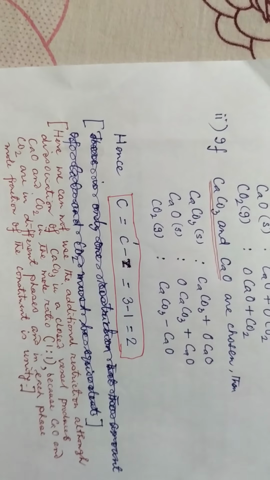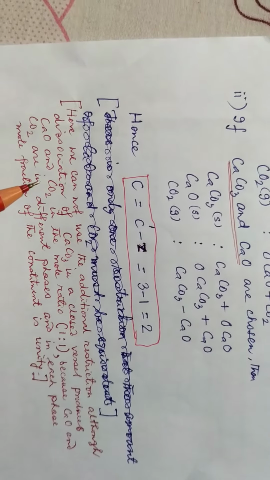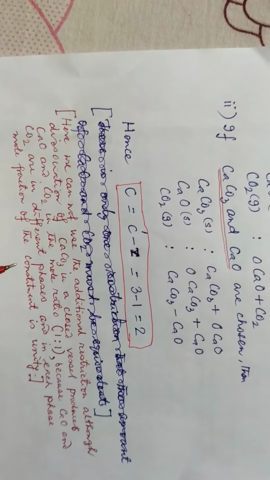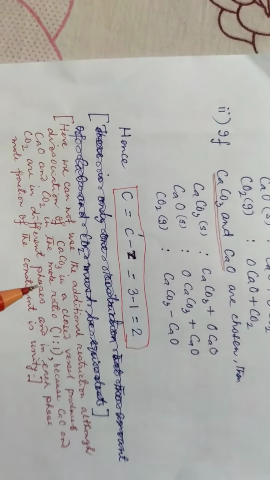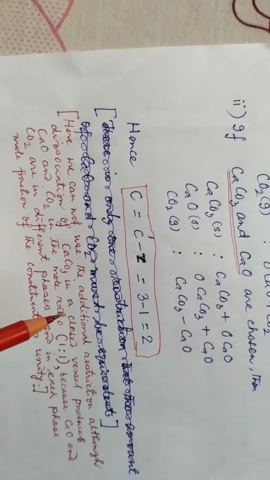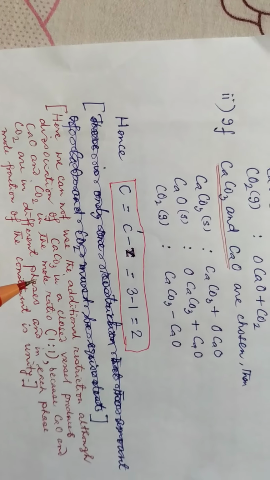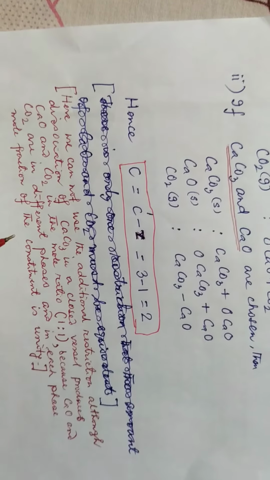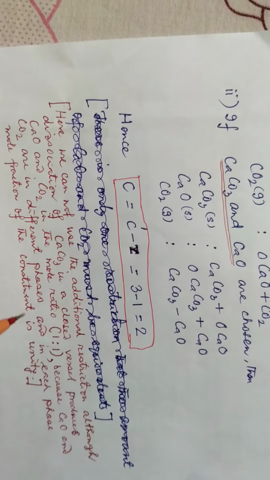Although dissociation of calcium carbonate in a closed vessel produces calcium oxide and carbon dioxide in the mole ratio 1:1, so there might be some additional restriction, but we are not considering the additional restriction here. Why? Because calcium oxide and carbon dioxide are in different phases, and in each phase, the mole fraction of the constituent is unity.